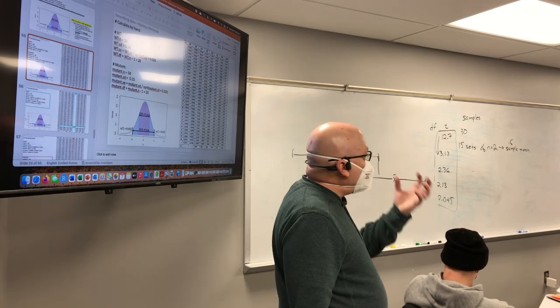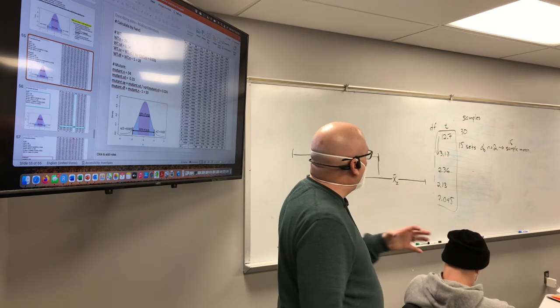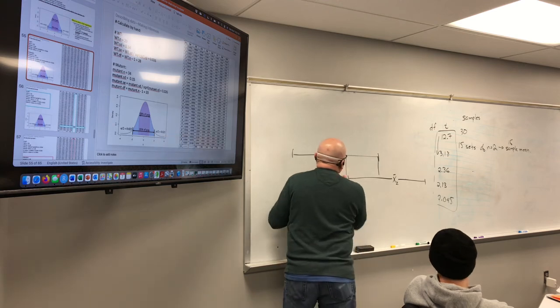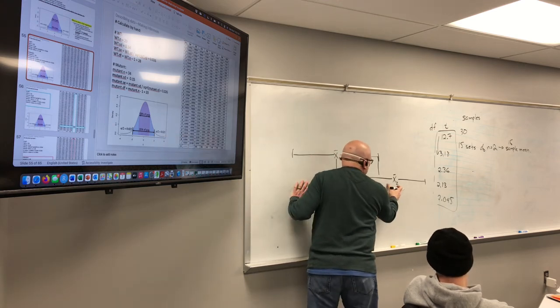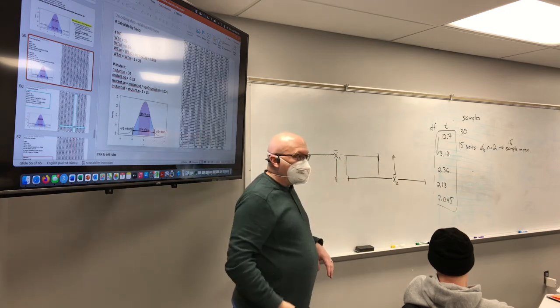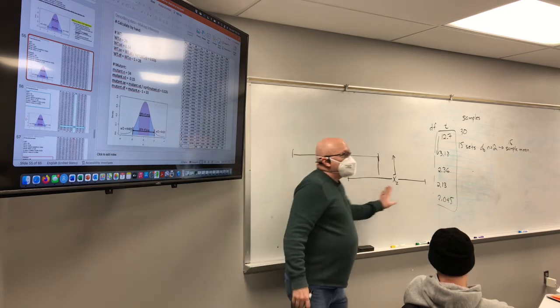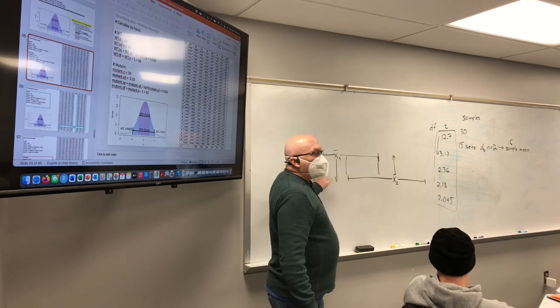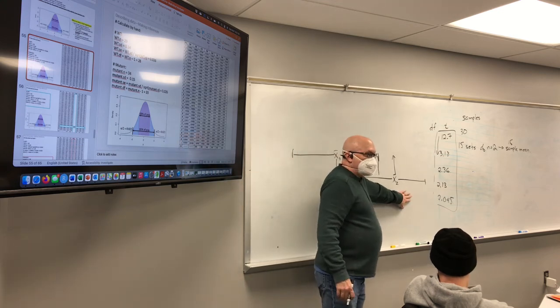Confidence intervals are asking the question of inclusion. Is this mean included in this confidence interval? Is this mean included in that confidence interval? If this mean is included in this confidence interval, then it's likely that that mean came from the same population as this mean.